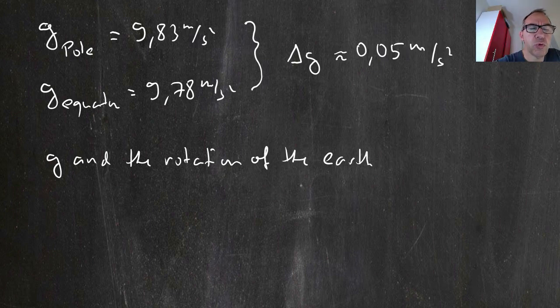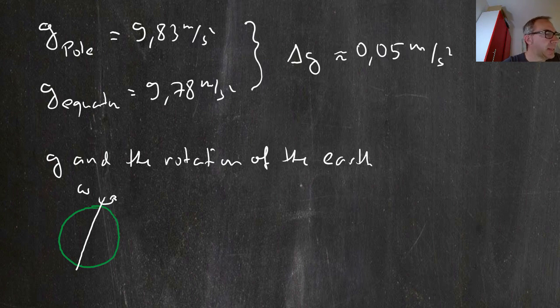So again, I draw the Earth here with the axis, and it is turning around the axis, and we can draw here the equator line, and we are maybe standing here, or we could also be standing up here.